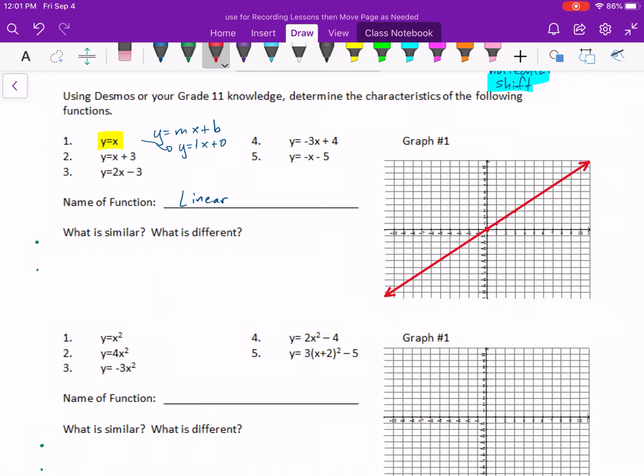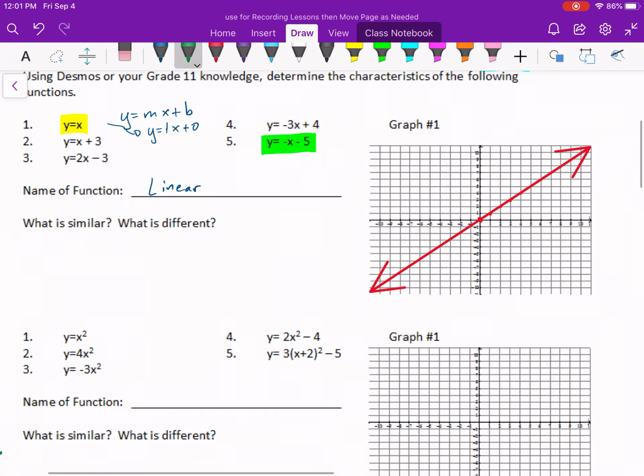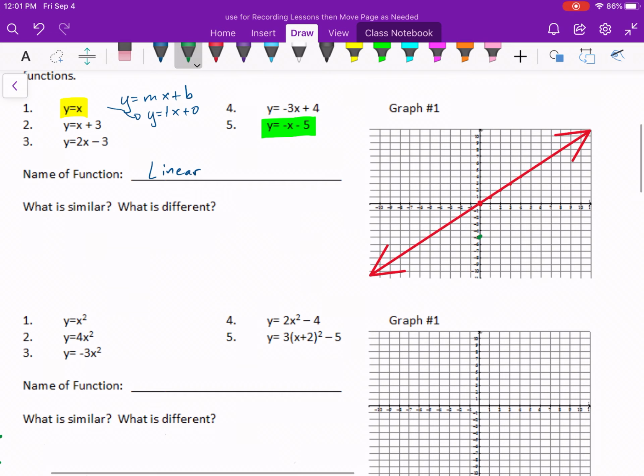If I was just to jump to another one, number 5, for example, it's got a y-intercept of -5, and it's got a slope of -1. So I would go to -5 for my y-intercept, and then my slope is -1, which means it goes down 1 and 1 to the right, down 1, 1 to the right, and so on like that. And again, I can graph that.